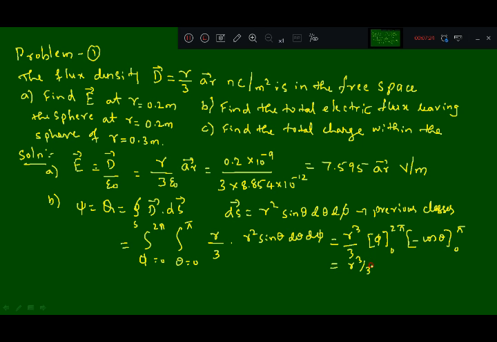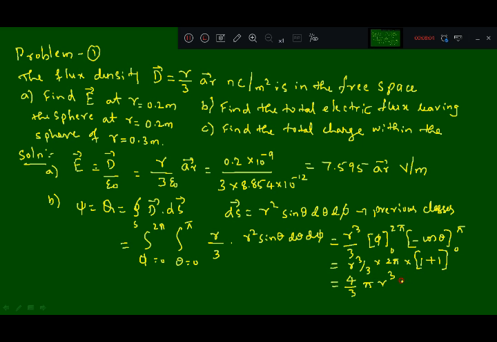So we have r cube by 3 into 2 pi into this. When I substitute pi here, cos pi is minus 1, so minus of minus 1 is plus 1. Then cos 0 is 1, minus of minus, so this is 4 by 3 pi r cube.